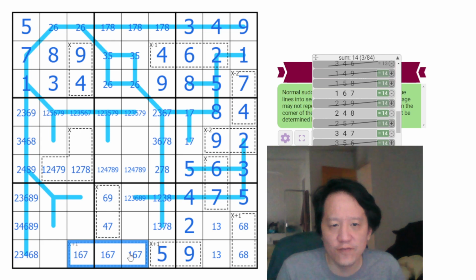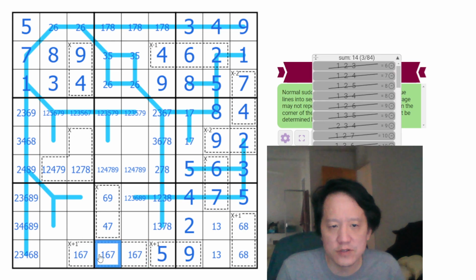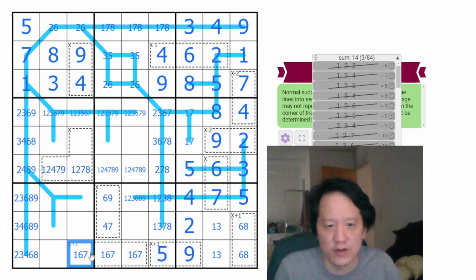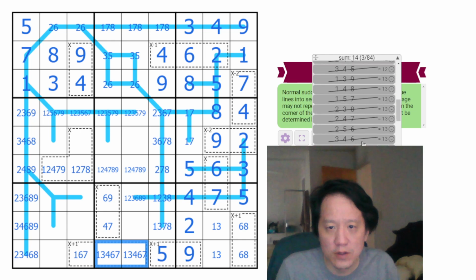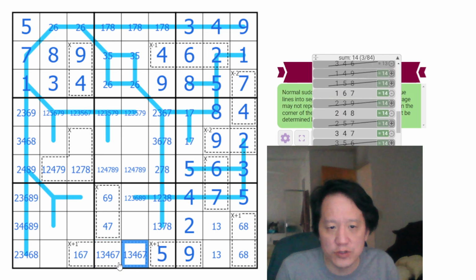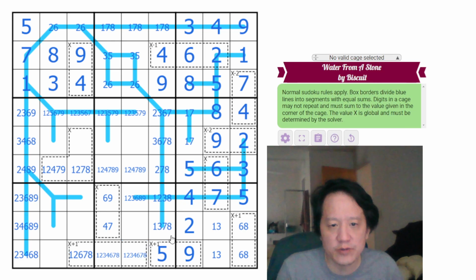If it's 3, 4, 7, this is 4. This has to be 7, and this is 3 and 4. So it could also be 2, 4, 8. Hmm. That's a lot of possibilities.